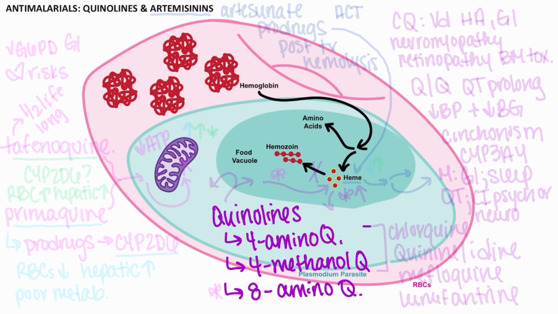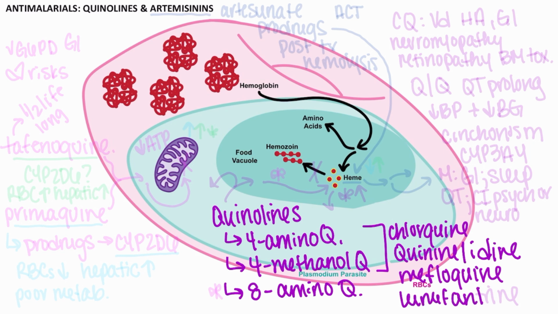And we're going to start by grouping these first two subclasses together. This is going to include agents like chloroquine, quinine, and quinidine, mefloquine, and lumefantrine, and a handful of others.